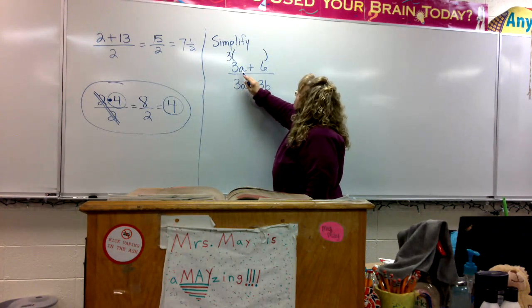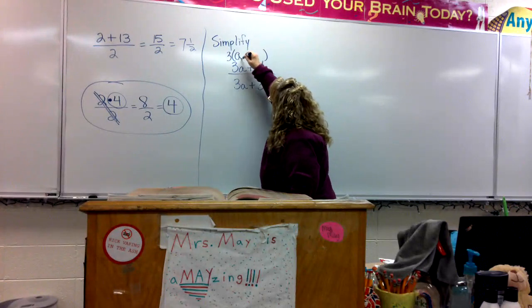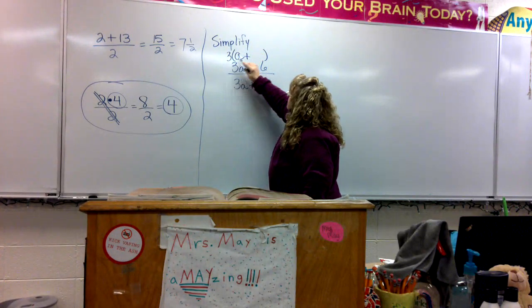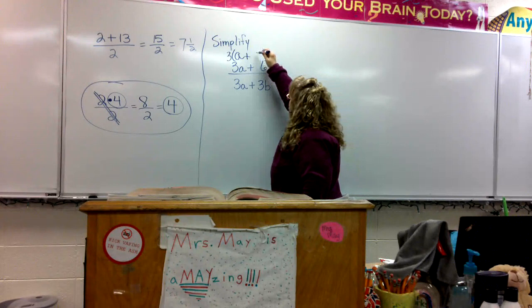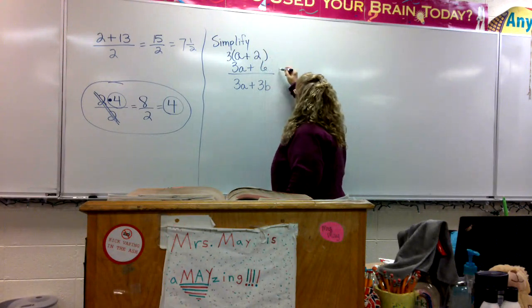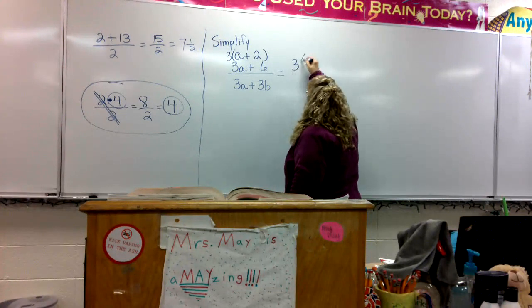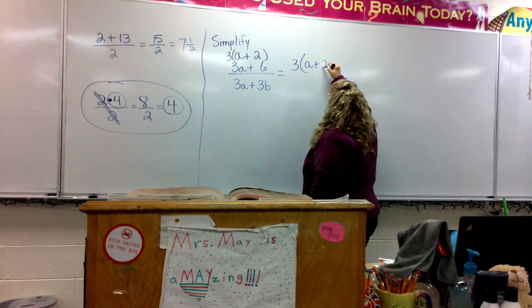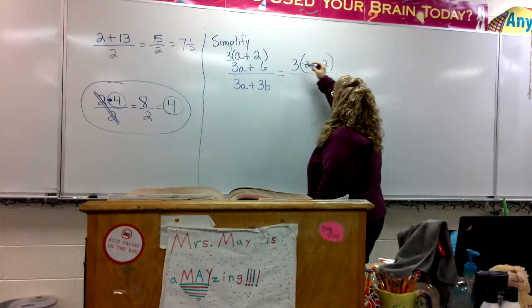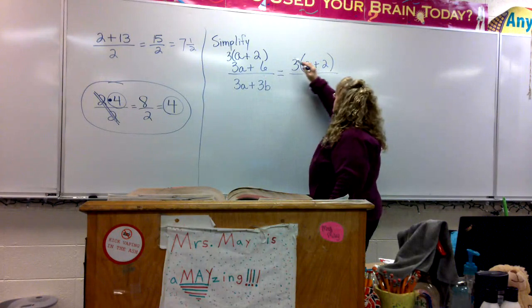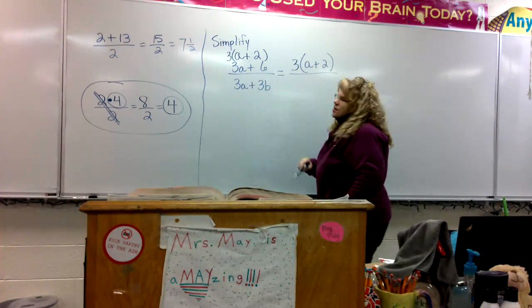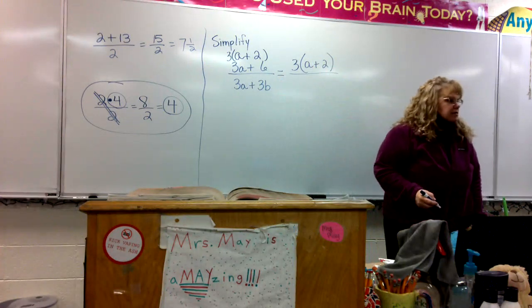If I take out the 3, what's left? 3 times what is 6? So on top, don't I really have this? If you multiply that back out, you get 3A and you get a 6. So you know you factored it right.